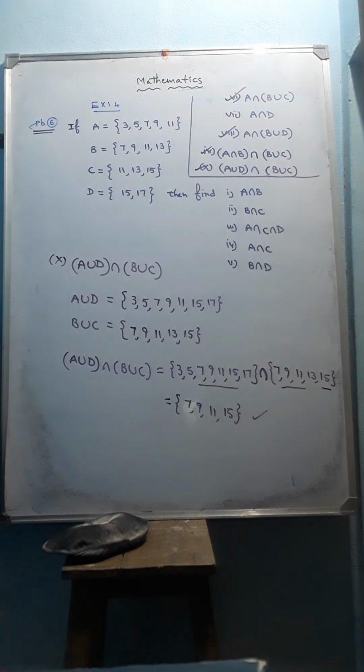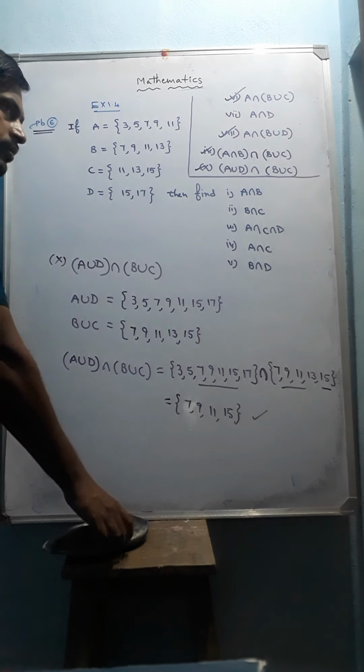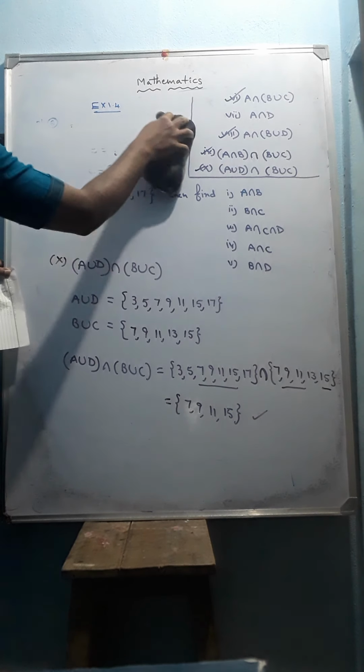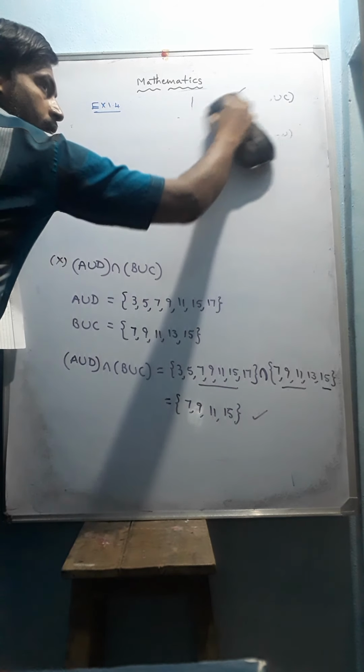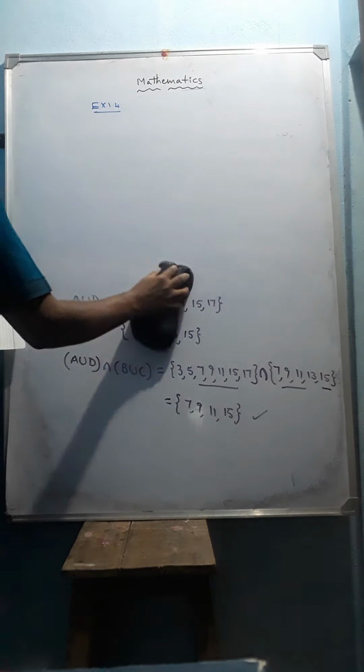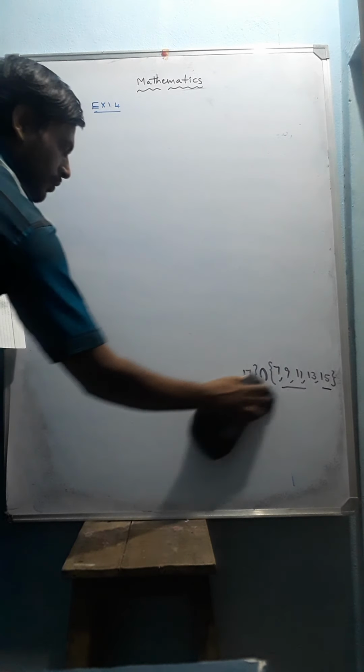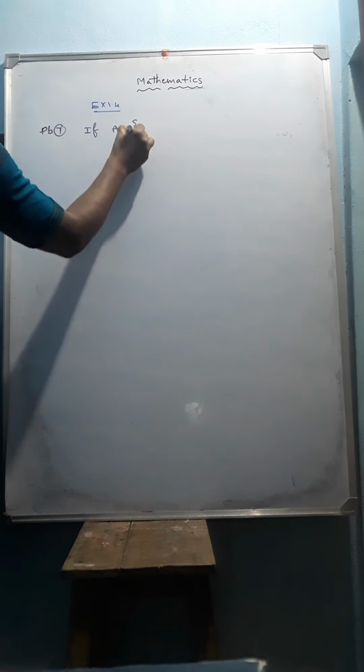Next, problem number 7. If A is equal to set of x such that x is a natural number.